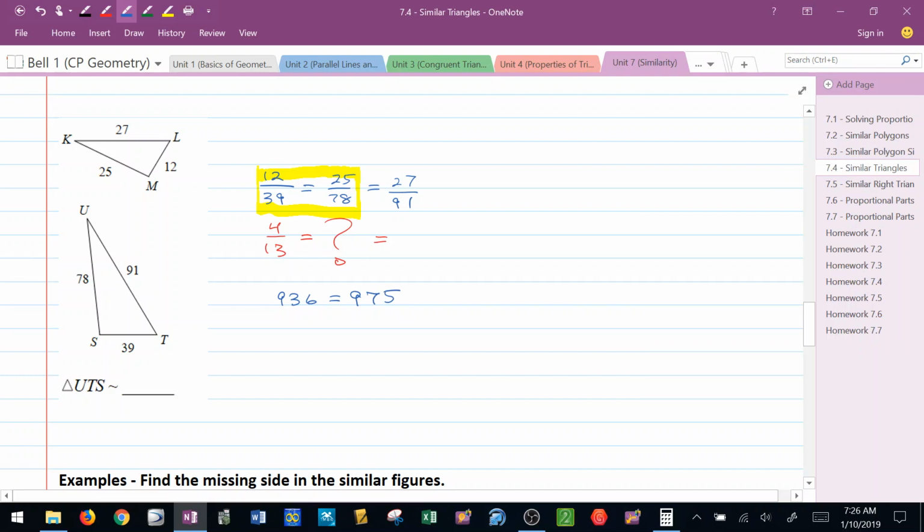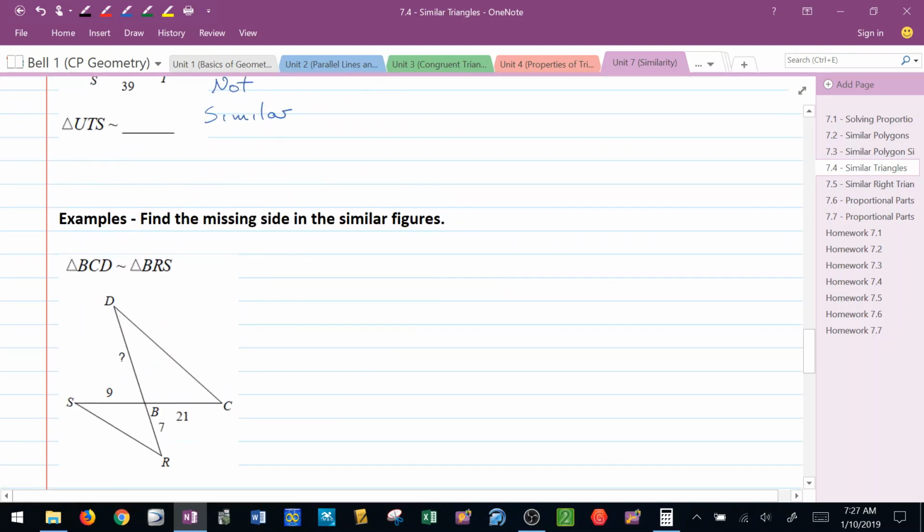I can stop right now because I know that this cross product that I just checked does not work. No, it doesn't work. Therefore, I can conclude these are not similar. Okay? Which means I'm not going to be able to complete that statement that they want me to complete.